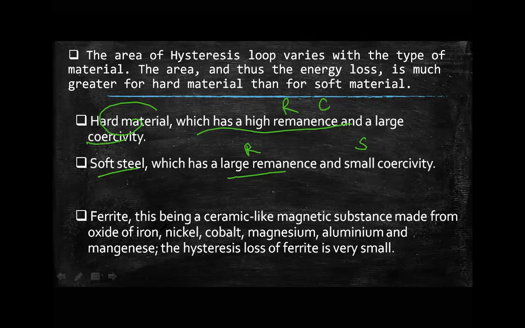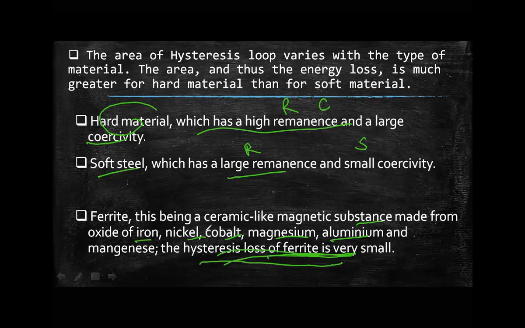Okay, ferrite material: ceramic-like magnetic substances made from the oxides of iron, nickel, cobalt, magnesium, aluminium, manganese. The hysteresis loss of ferrite is very small. They'll ask which of the following materials has less energy loss.